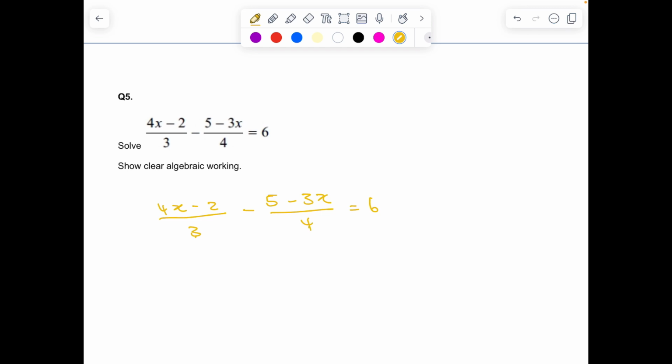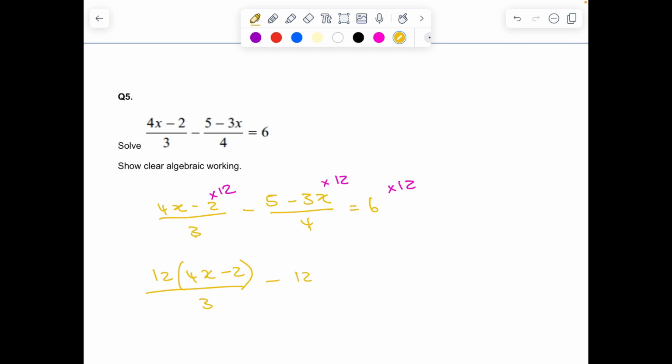And I'm actually going to leave it at first as a bracket, 4x minus 2 over 3, so that you can see how it gets rid of the bottom.